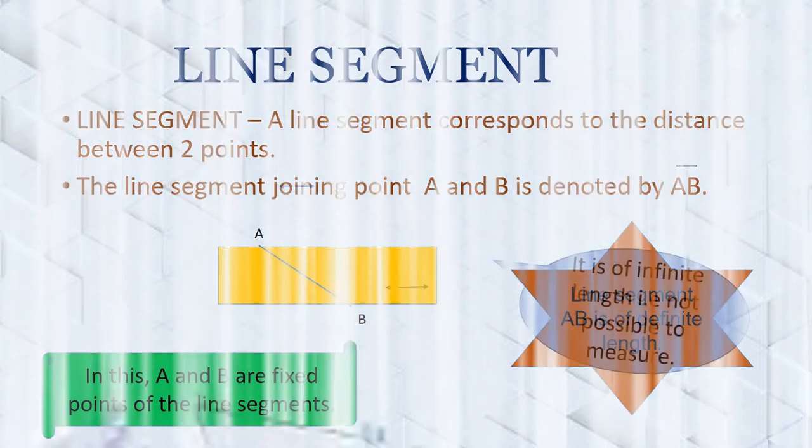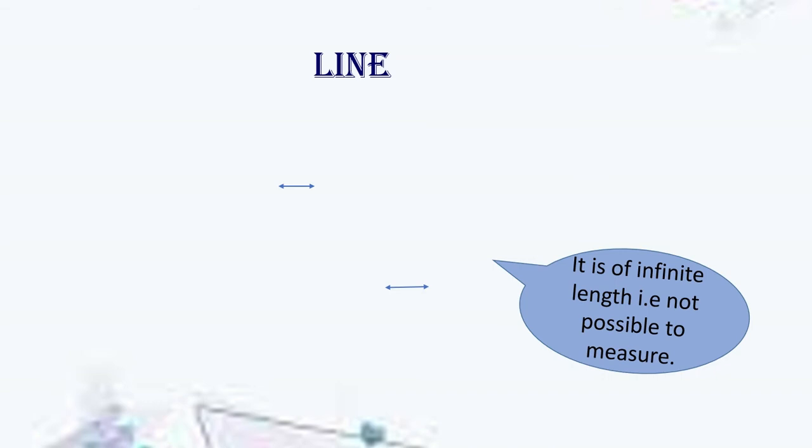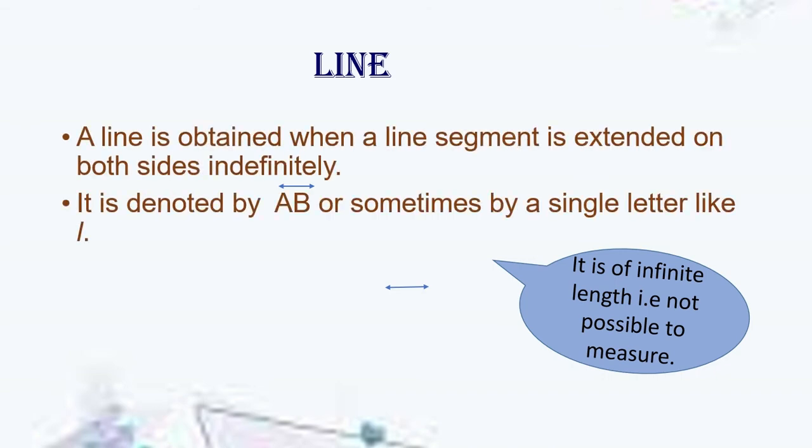Now my next topic is line. A line is obtained when a line segment is extended on both sides. As we were discussing line segment, in the previous slide we have seen AB is a line segment. Now we are talking about line, means point B is here but this line is moving.